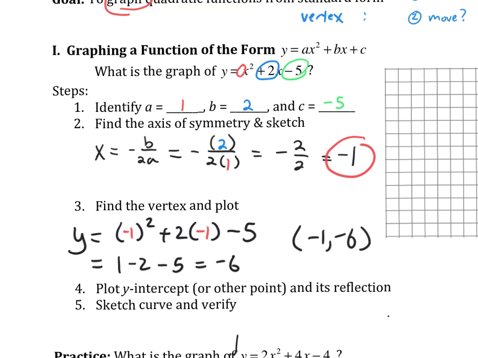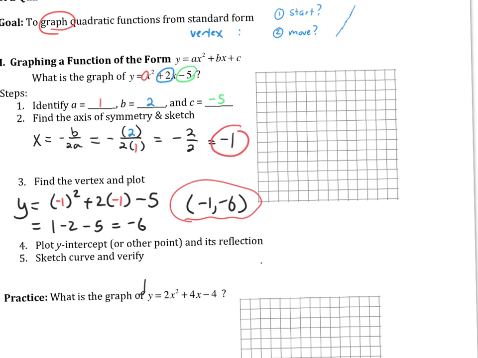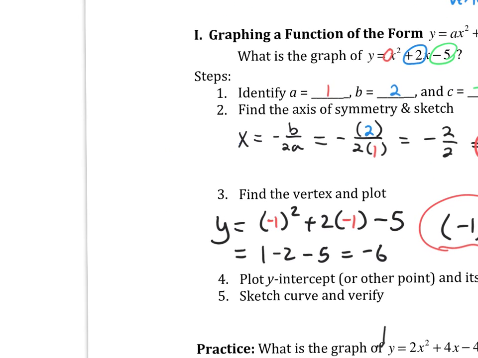So after you finish that up, we see what our vertex is. We see that our vertex is negative 1, negative 6. Remember that I took the x value here and the y value here to come up with my vertex here. Now, before we even begin to plot, we have to try to make a sketch because we want to remember where our graph is going to live primarily. So we know that my vertex is negative 1, negative 6, which is somewhere in quadrant 3.